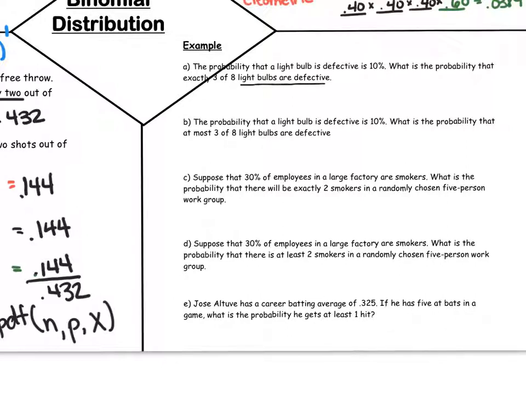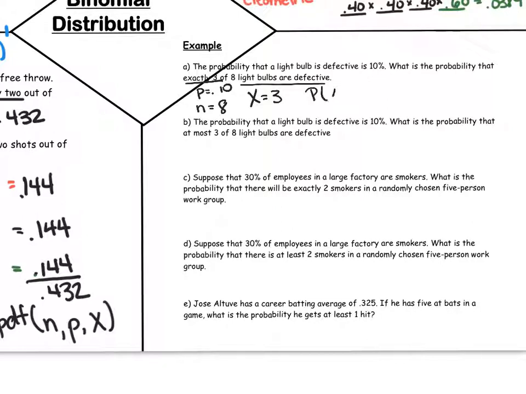So the probability of success here is actually P is 0.1, which makes N, what's N equal to? Do we have a fixed number? N is equal to what here? 8. Right? And X is what? I want exactly 3, so X is 3, right? So here's how we're going to write this.